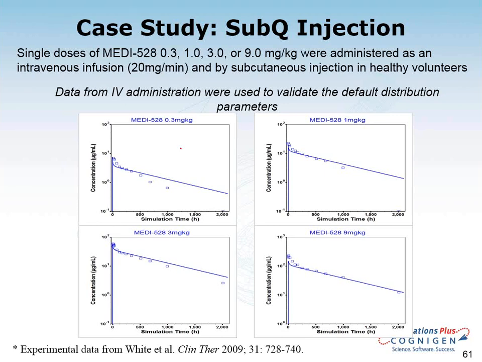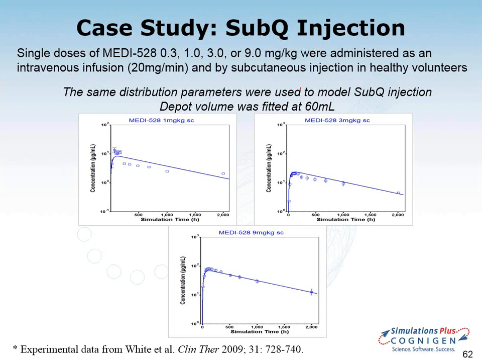We had this data for this antibody at different dose levels, and as you can see, those default parameters nicely accounted for the IV administration or the distribution. So we then used the same set of parameters to model administration of that antibody by subcutaneous injection.